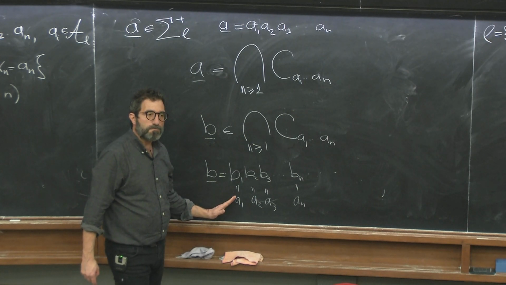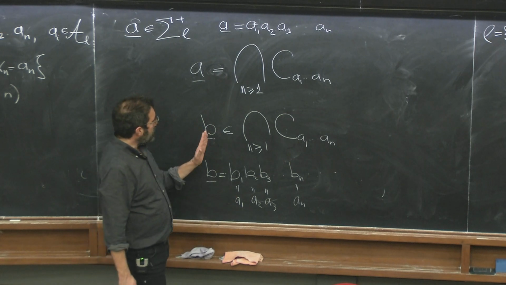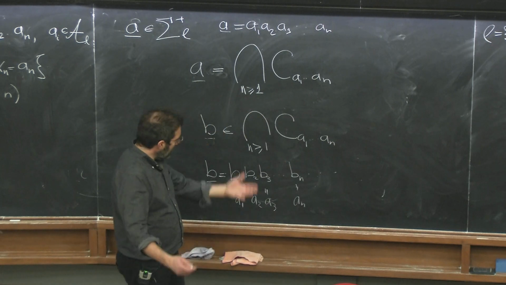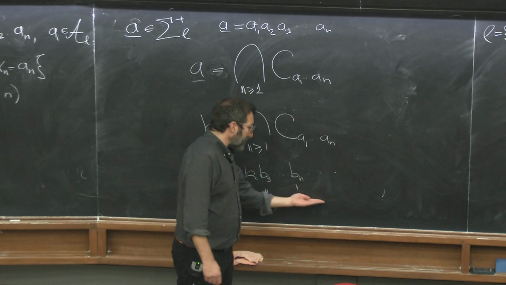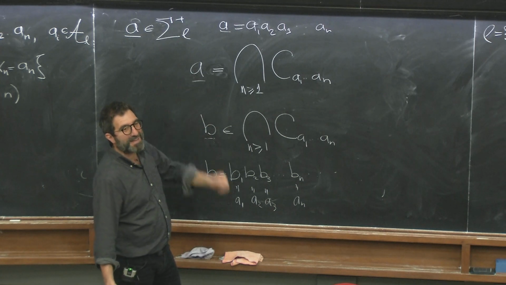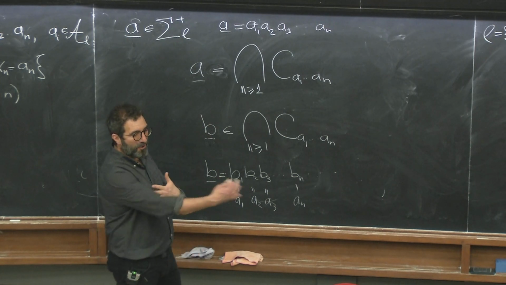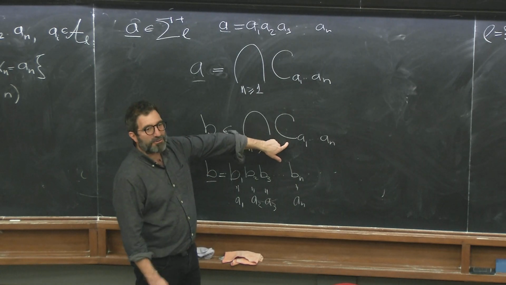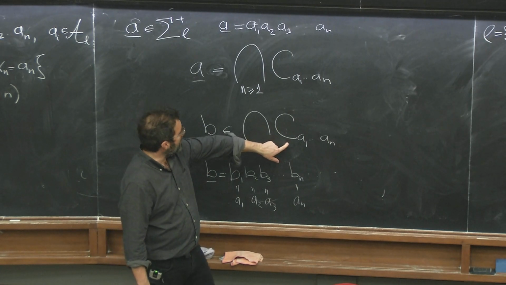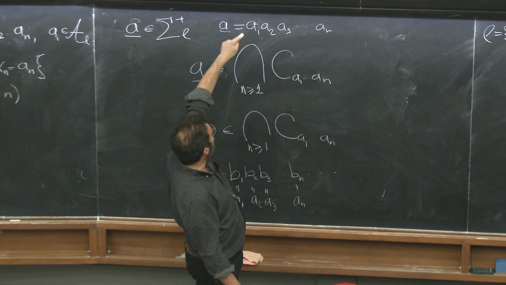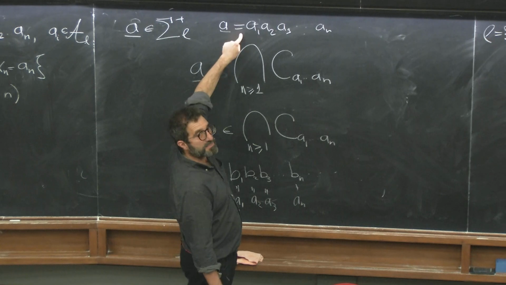Right? Okay. And since it must belong to every cylinder set for every AN, then it means that all its digits must be the same as AN. So B bar must be A bar. It must have all the same digits. Otherwise, at some point, it would fail to be contained in the corresponding cylinder set, because this is the sequence of cylinder sets that is defined exactly by this sequence, right?